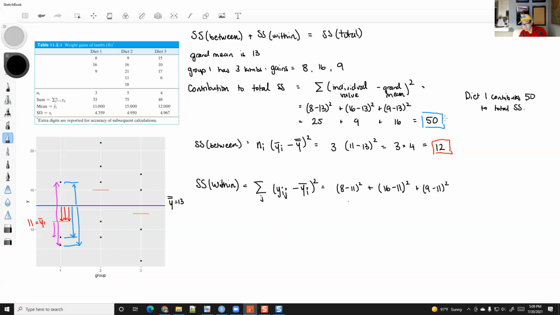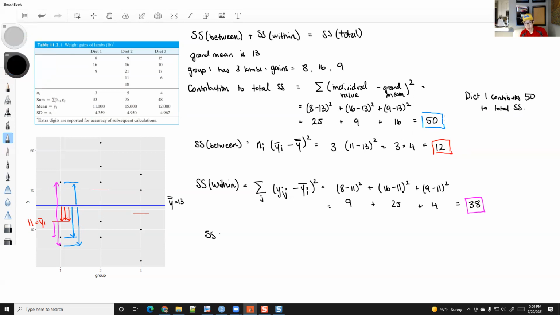So we get 9, 25, and 4. Adding this up, 9 plus 25 plus 4, you get 38. And as promised, we see that 12 plus 38 is equal to 50.